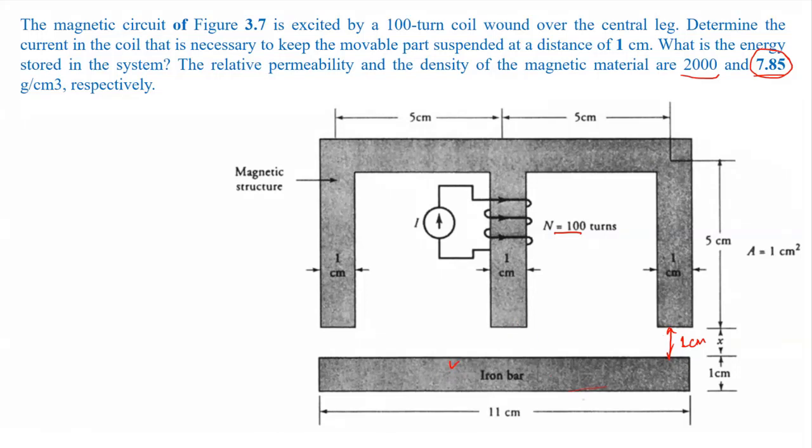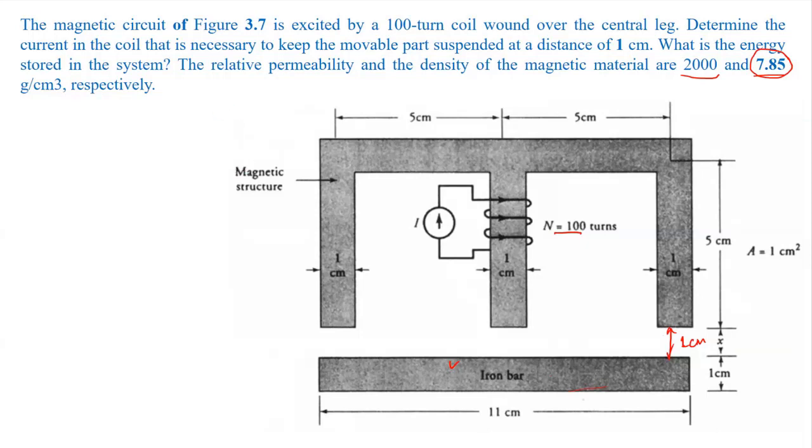Now, because we are assuming the permeability remains constant, the relative permeability at 2000, therefore we can use the inductance approach to find the force here. So if we know the inductance of any magnetic circuit, we can find the force also. Already we have calculated it, right?